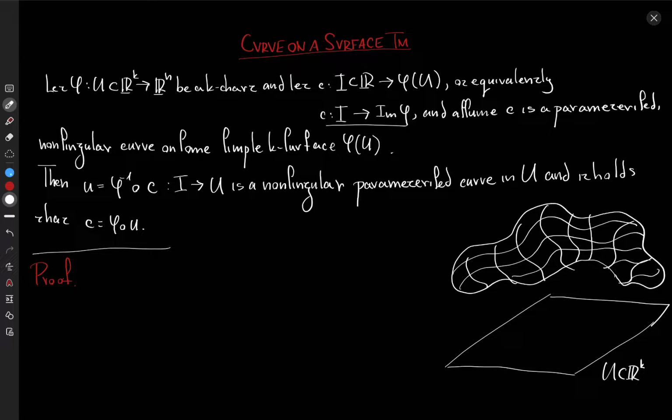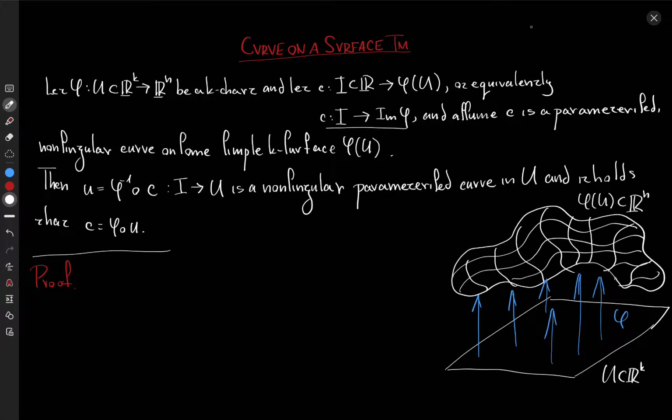Now, we have our function, let's put it in blue, phi, which maps this plane, or this k-dimensional real space, or subset of it, up here. So phi is such a map. Oh, I would also remark that this is an n-dimensional real space. Or rather, it is phi of U, which is a subset of the n-dimensional real space.